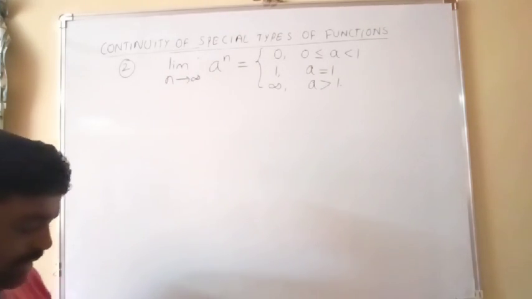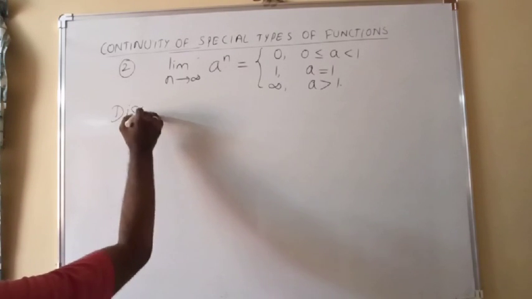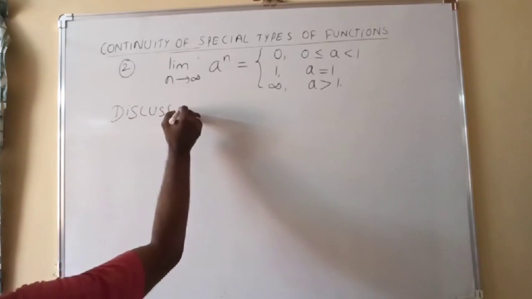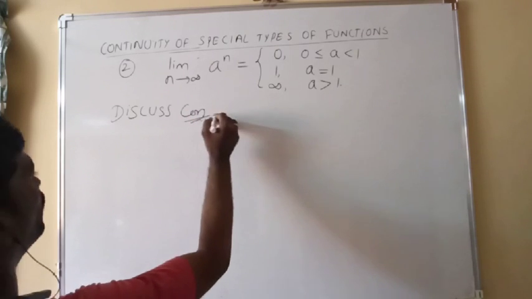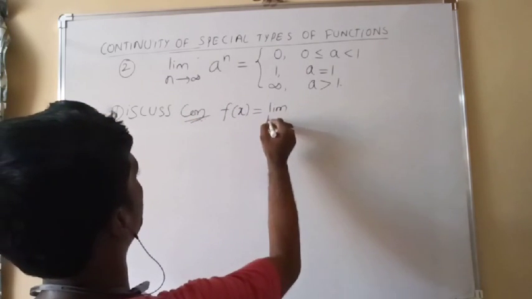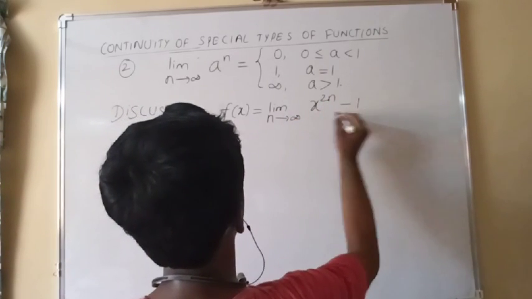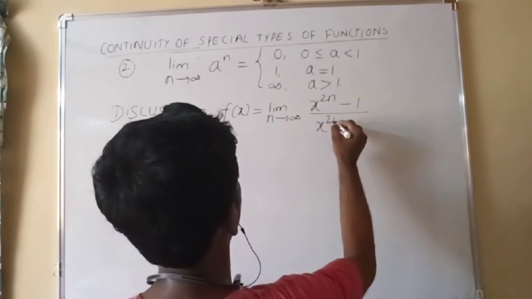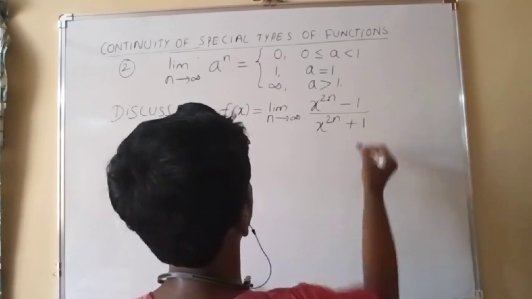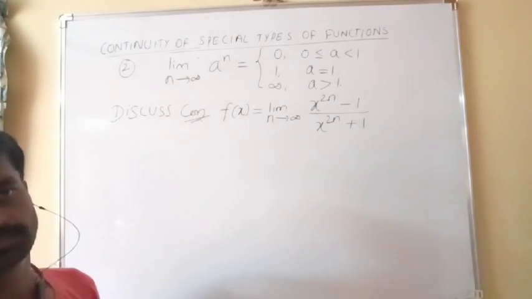See here, the function problem is given. Discuss the continuity of f of x is equal to limit n tends to infinity of (x power 2n minus 1) by (x power 2n plus 1). Discuss the continuity of this function.